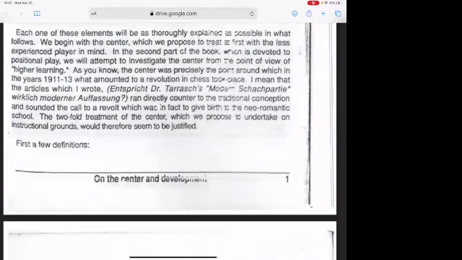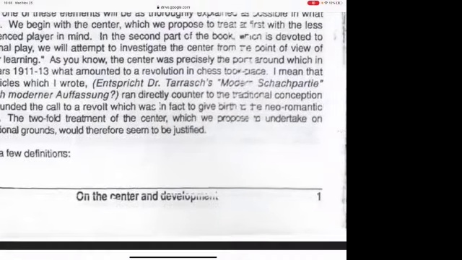We begin with the center, which we propose to treat at first with the less experienced player in mind. In the second part of the book, which is devoted to positional play, we will attempt to investigate the center from the point of view of higher learning. As you know, the center was precisely the point around which, in the years 1911 and 13, what amounted to a revolution in chess took place.